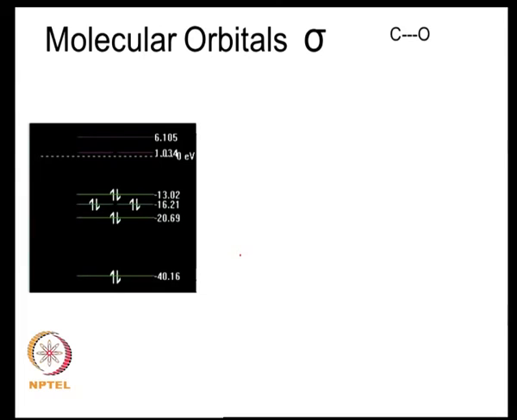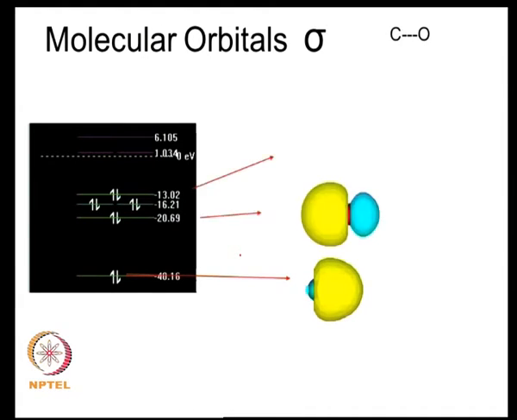One way to do this is to use molecular orbital theory, and we will use molecular orbital theory to explain the bonding in carbon monoxide in detail in the next lecture, but we will introduce the structure of carbon monoxide itself right now, and we will take a look at some of the valence orbitals. The valence orbitals of carbon monoxide are the ones which have a very large contribution from the carbon end.